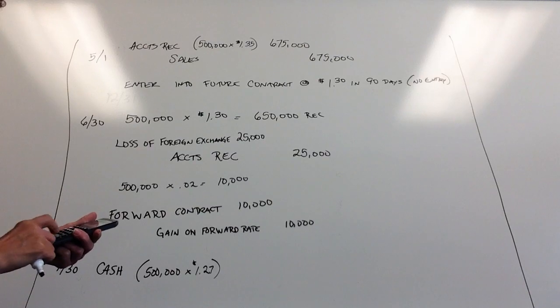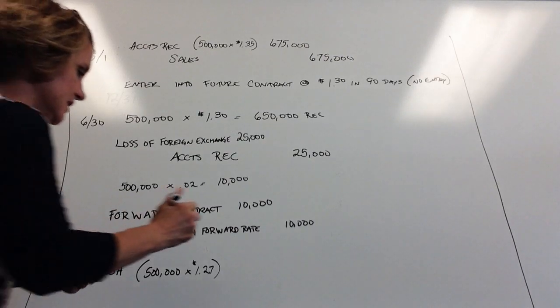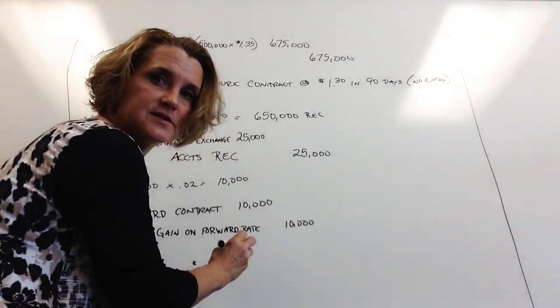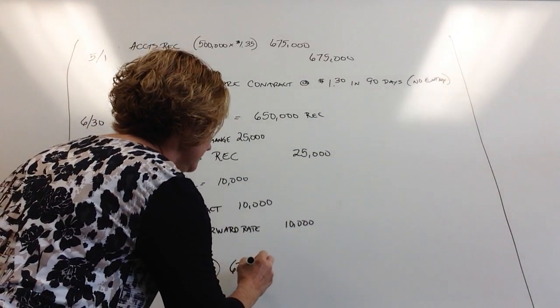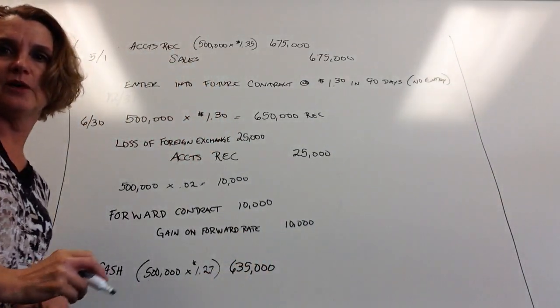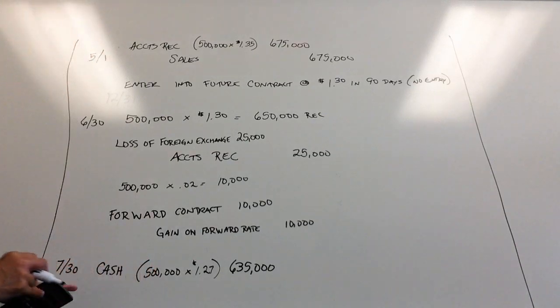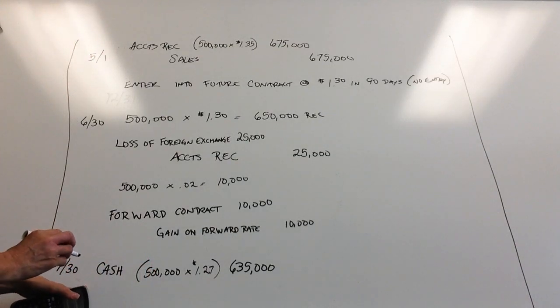So 500,000 euros times $1.27 gives us 635,000. So that's cash coming in.